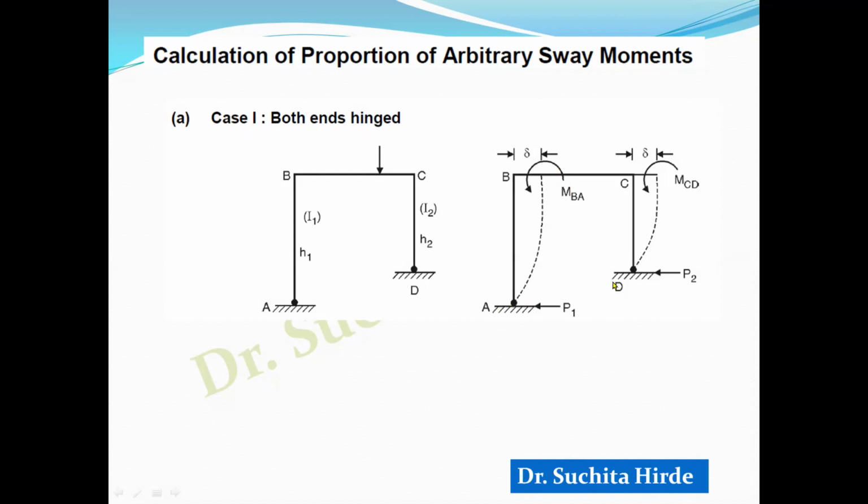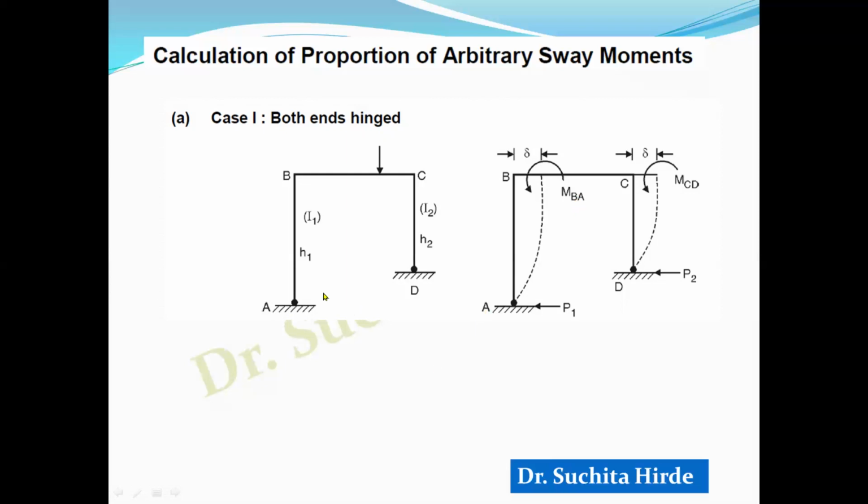There will not be any moment at A and D. Now remember that whenever the columns are straight, there is sway for the column only. There will not be any sway for the beam. So no delta term for the beam. Delta is only for the column. So sway analysis is carried out for the arbitrary moment in columns only.